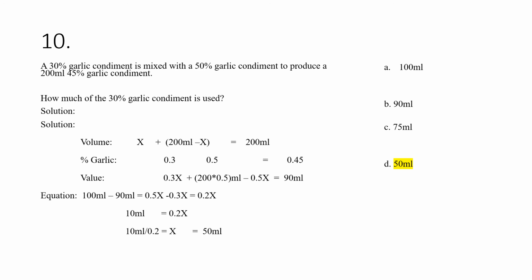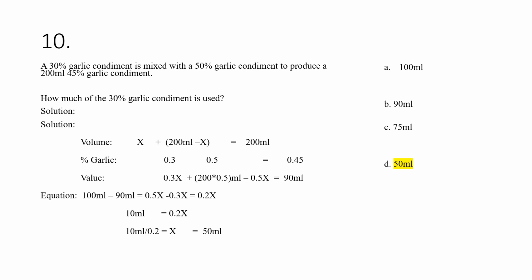Mapping this out similarly with the previous items, we have X volume of the 30% garlic plus 200 ml minus X at 50% garlic, and that would be equal to a 200 ml volume at 45% garlic. So X times 0.3 is 0.3X, plus 200 ml times 0.5 minus 0.5X, and that will be equal to 200 times 0.45, or 90 ml.